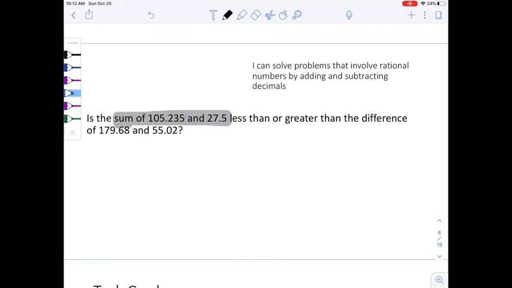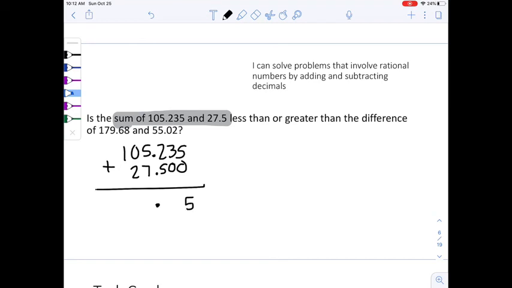The first part is finding the sum of 105.235 and 27.5. So I'm going to line up the decimal and add those together. Making sure I'm always lining up that decimal when I'm adding or subtracting. I can fill in zeros for those empty place value spots. And then I'm just going to bring down my decimal and add these numbers.